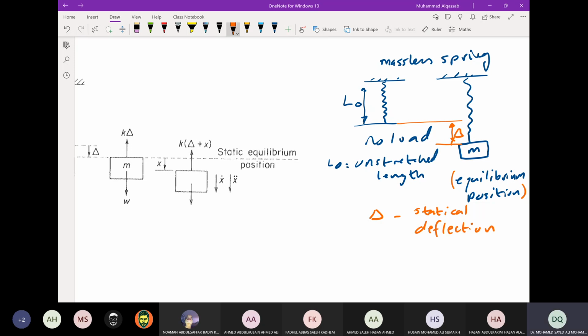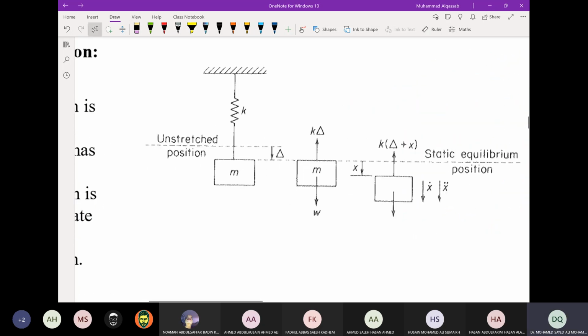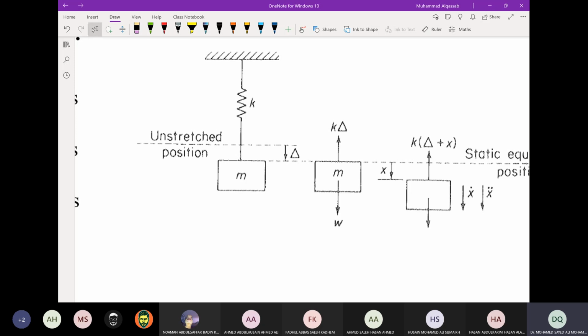The vibration will start about this line, about the equilibrium line. As you can see from this figure, when you don't add the mass, the spring is unstretched, and that position is called the unstretched position. When you add the mass slowly to the spring, it means you are not exciting the system.